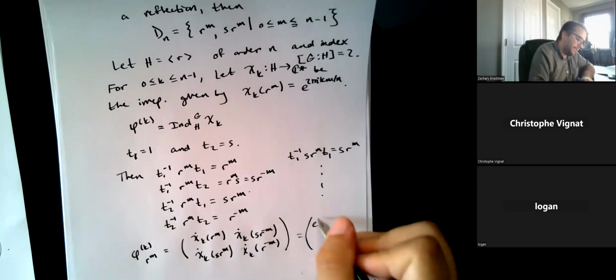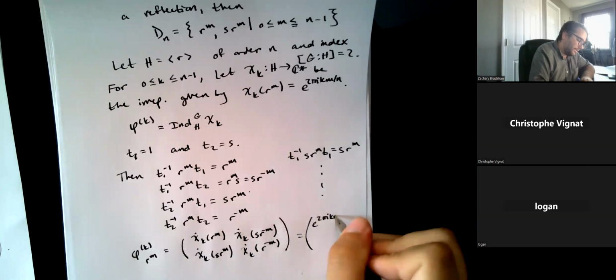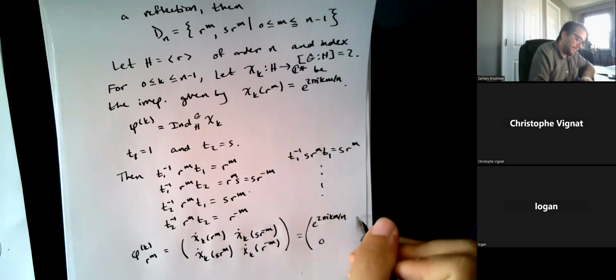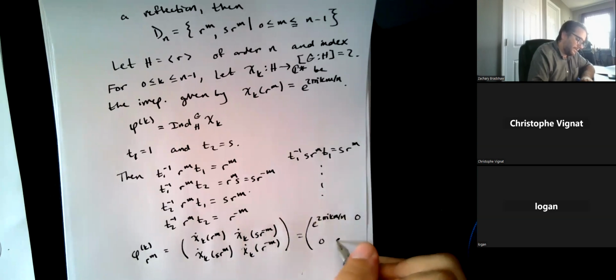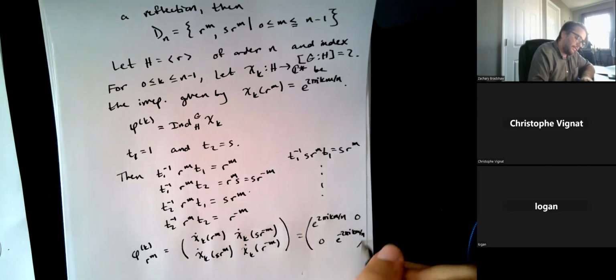This is e to the 2 pi i k m over n, this is 0, this is 0, and this is e to the minus 2 pi i k m over n.